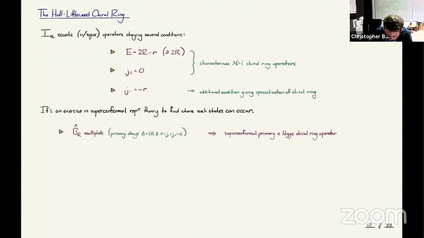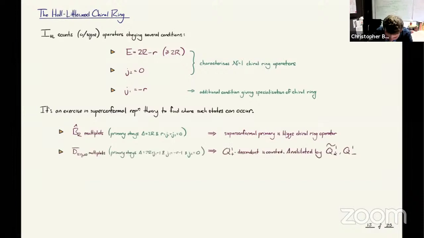And sure enough, the B hat multiplets, the ones that gave us these Higgs branch operators, are there. But there's an additional ingredient which have an equally opaque naming convention, which are so-called D-bar multiplets.